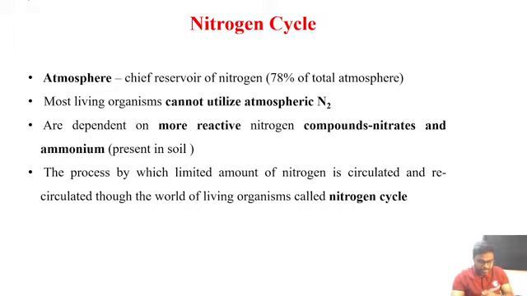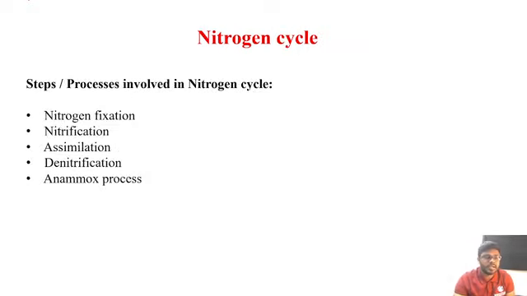Okay, so friends, in the previous class on nitrogen metabolism, we were discussing the nitrogen cycle, and we understood very clearly the various steps involved in nitrogen fixation, and we have even finished the first step of nitrogen fixation.